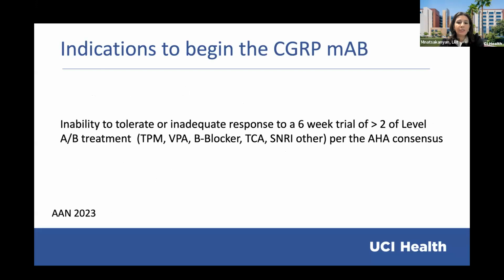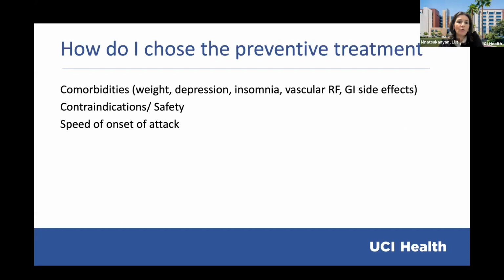The current guideline recommendation is that there is inability to tolerate or inadequate response to a 6-week trial of 2 or more level A or B treatments. So if someone has tried and failed topiramate, valproic acid, propranolol, amitriptyline, 2 of these or more, then based on the American Headache Society consensus, CGRP monoclonal antibodies can be recommended for prevention.